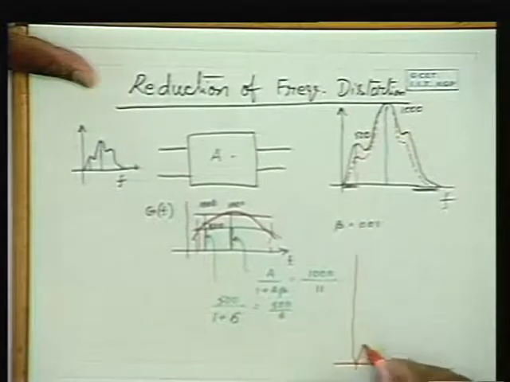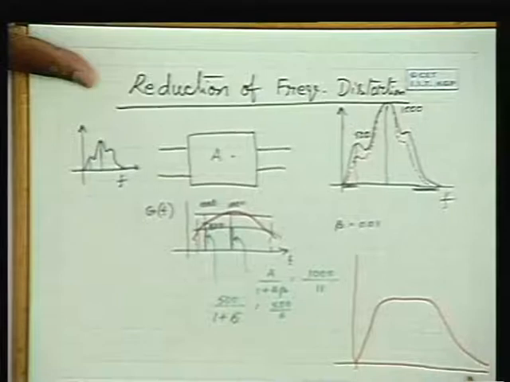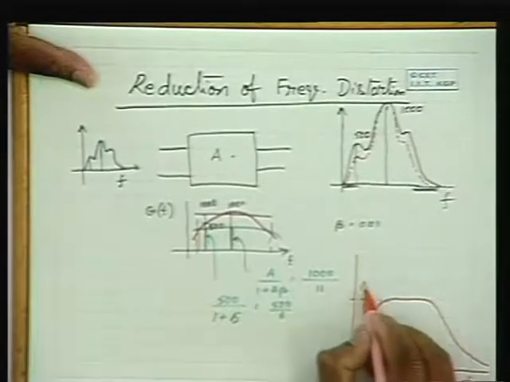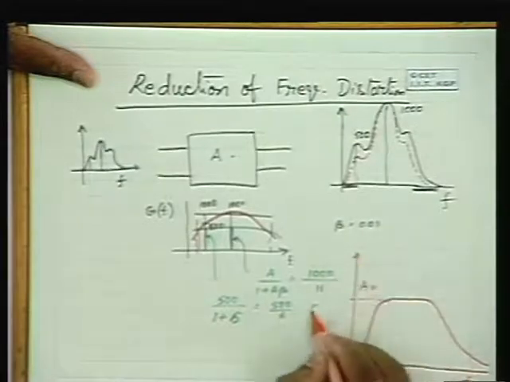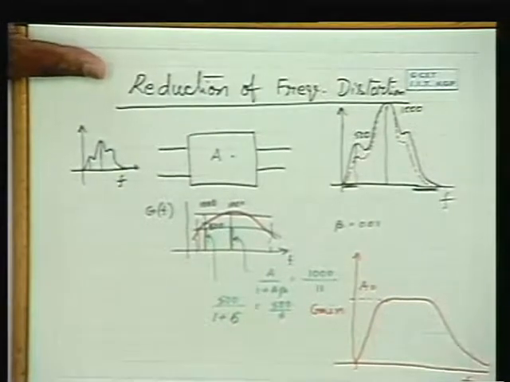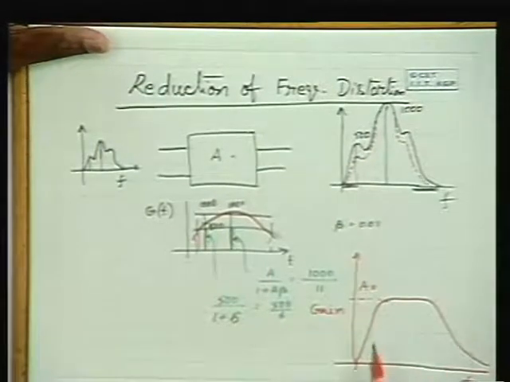If this is the frequency response of an amplifier, say this is the overall gain, and let me call it A naught. This is gain versus frequency, gain as a function of frequency, because for different frequencies the gain is different. What are responsible for this?